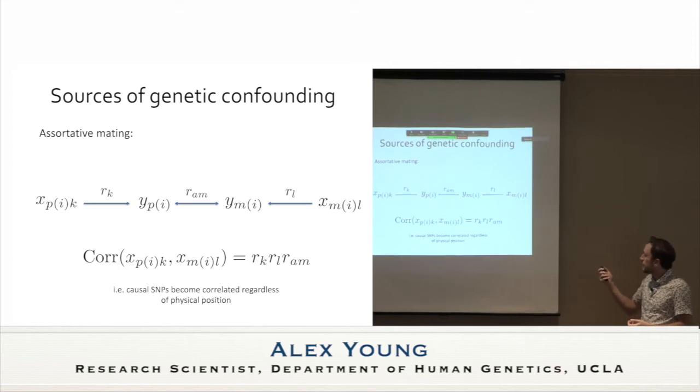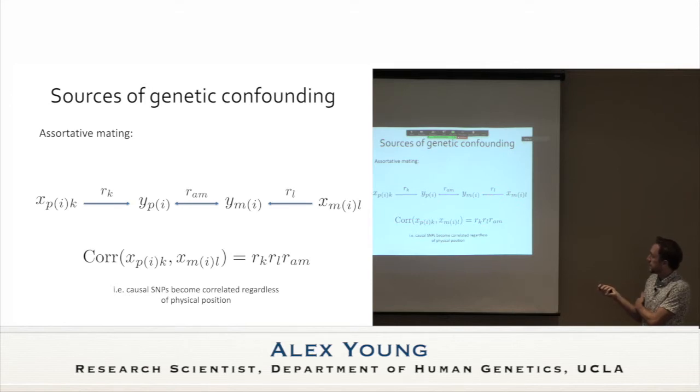So if we have assortative mating that leads to a correlation between the phenotype of the father and the phenotype of the mother, some correlation r_AM, well, that's going to generate a correlation between a SNP that affects the trait at position K in the father and another SNP that affects the trait at position L in the mother.